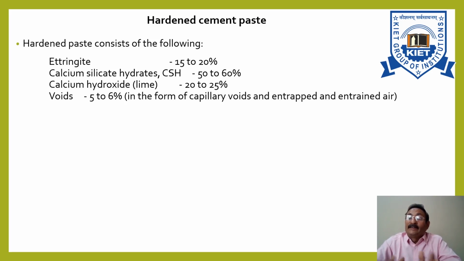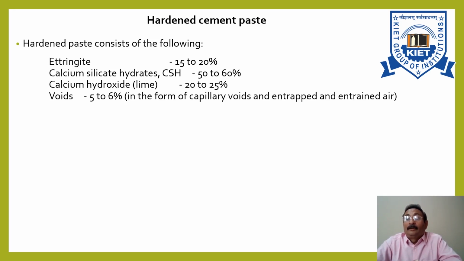Now, we had discussed about 23% average water. It has been further estimated that about 15% by weight of cement is required to fill up gel pores.